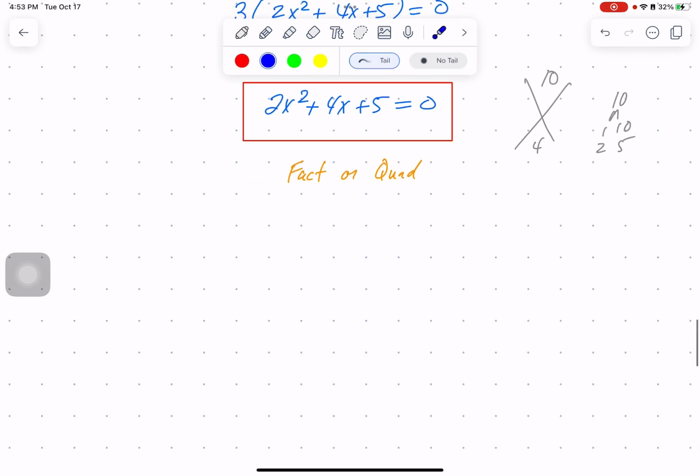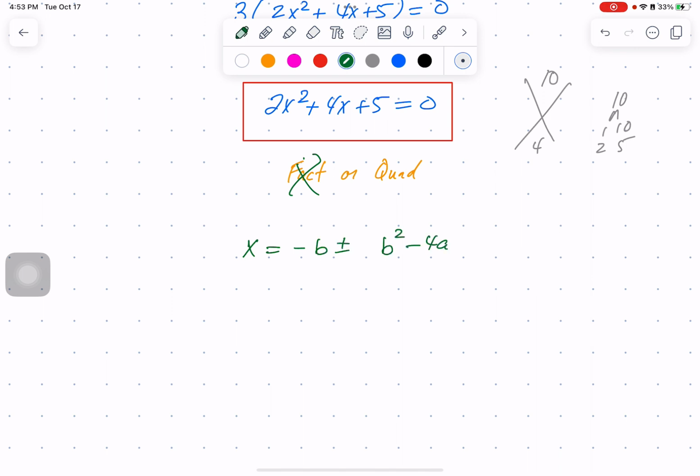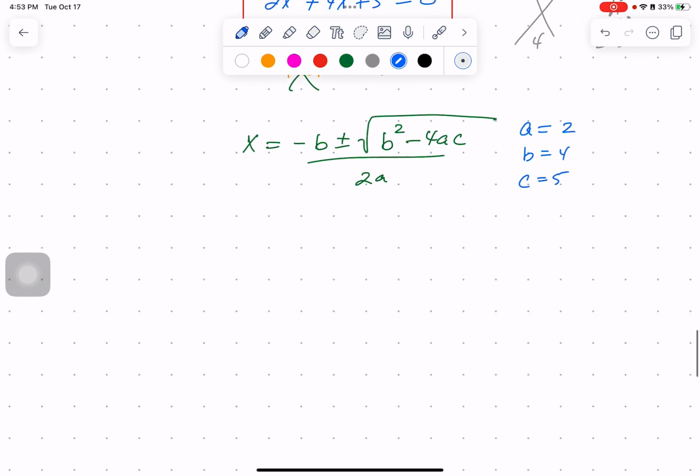All right, so what's next? Quadratic formula. I think we said factoring wasn't going to work. So x equals negative b plus or minus the square root of b squared minus 4ac, over 2a. Here a is 2, b is 4, c is 5. We get negative 4 plus or minus the square root of 16 minus 4 times 2 times 5.